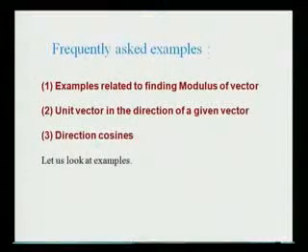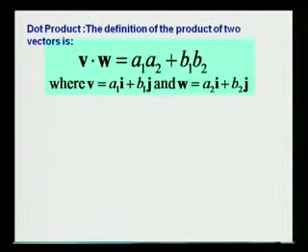Next, if we look at the PPT, the next very important thing in this chapter is the dot product of any two vectors. Just look at the definition of dot product. If v and w are two vectors, then v dot w is defined as a1 a2 plus b1 b2, where v is equal to a1i plus b1j and w is equal to a2i plus b2j.